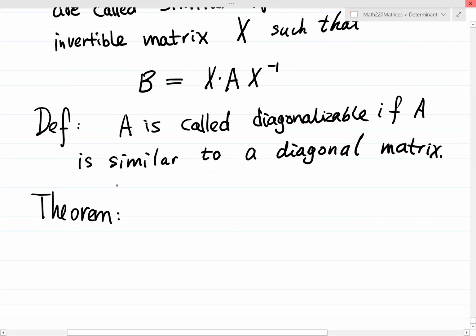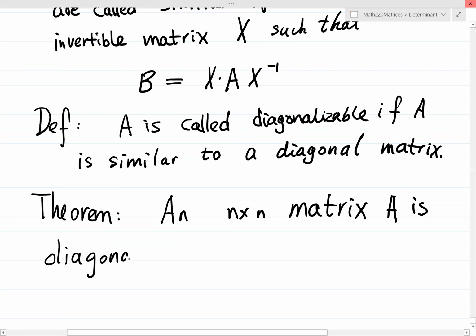According to what we just did, a matrix that has n distinct eigenvalues is diagonalizable. So if an n by n square matrix A has n distinct eigenvalues, then A is diagonalizable.